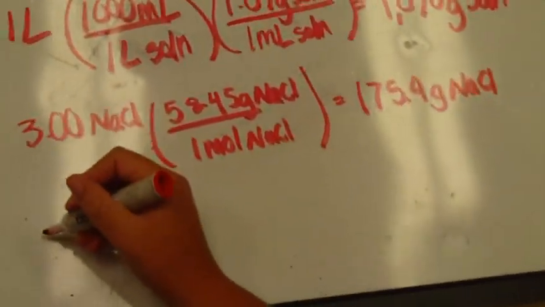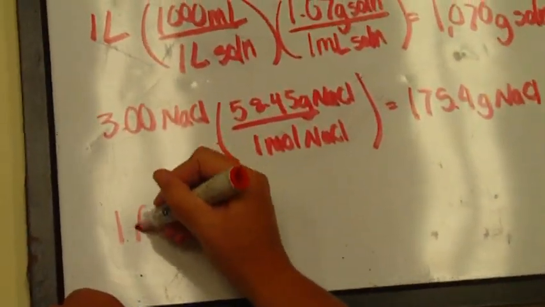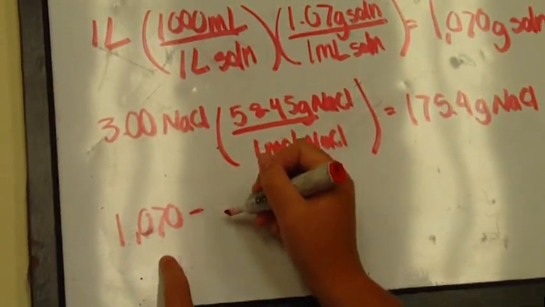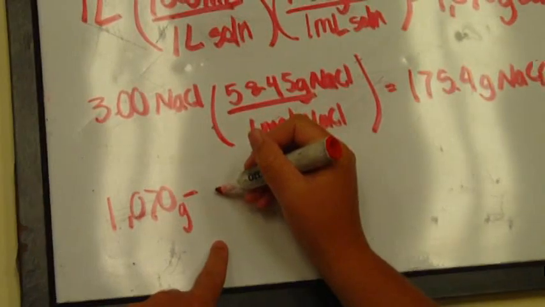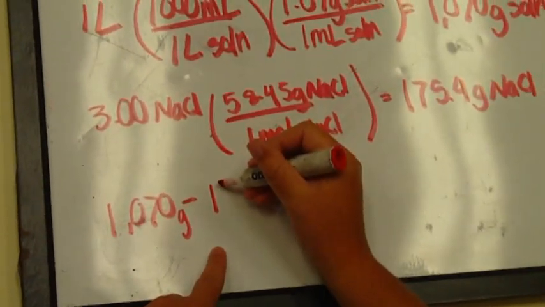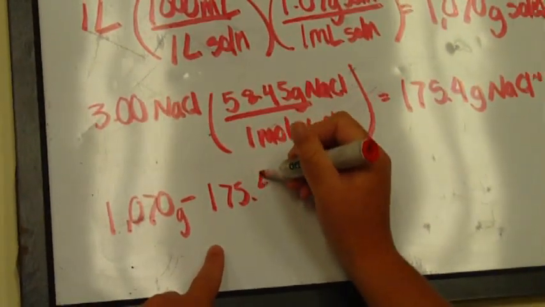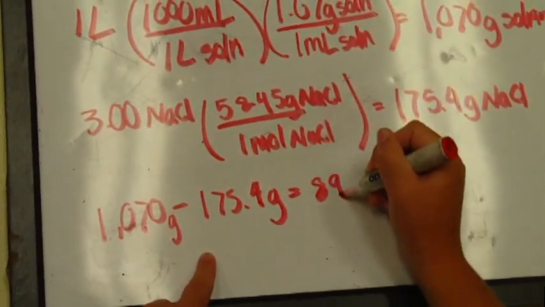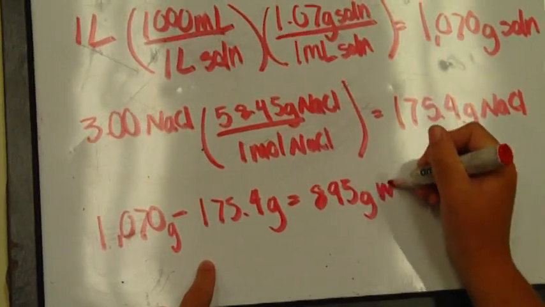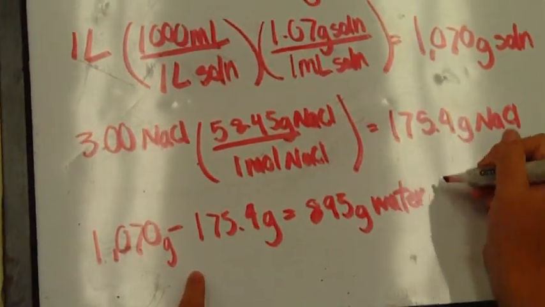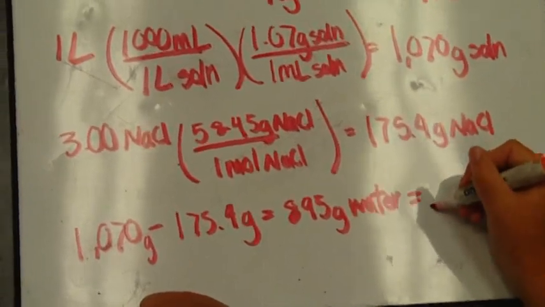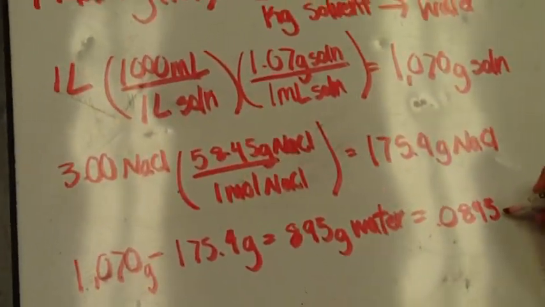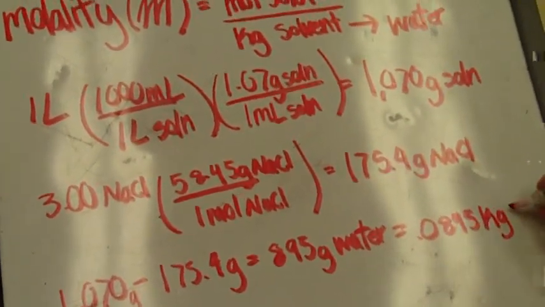Simple subtraction here: 1,070 grams of solution minus 175.4 grams of solute gives us the mass of the water, which is 895 grams water, which is equivalent to 0.895 kilograms water.